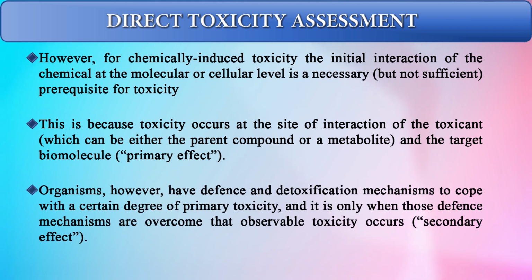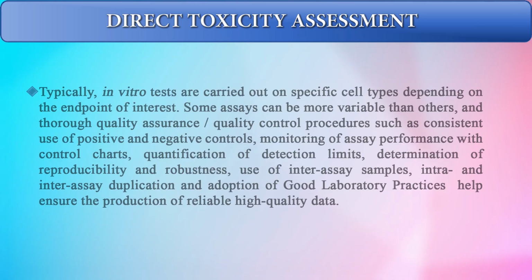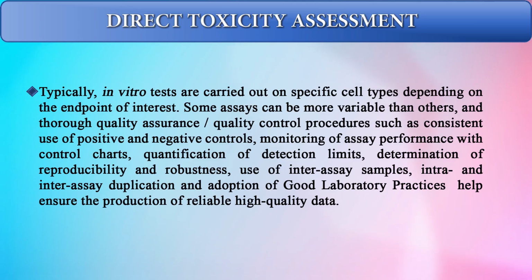Organisms, however, have defense and detoxification mechanisms to cope with a certain degree of primary toxicity, and it is only when those defense mechanisms are overcome that observable toxicity occurs, which is known as the secondary effect. Typically, in vitro tests are carried out on a specific cell type depending on the endpoint of interest.